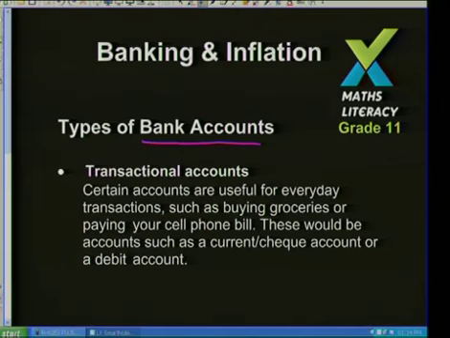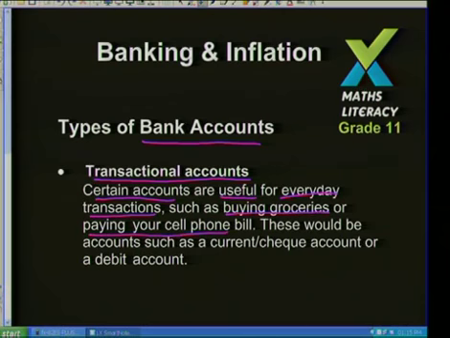So I hope that you're all ready, have got papers out, pens, all the rest of it, and that you are ready and focused. So, best thing to do is start off with the types of bank accounts. We get a couple of different accounts. The first one we're going to look at is the transactional account. These accounts are useful for everyday transactions, such as buying groceries or paying your cell phone bills.